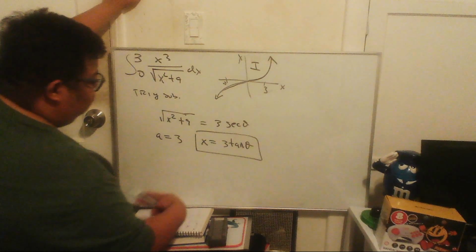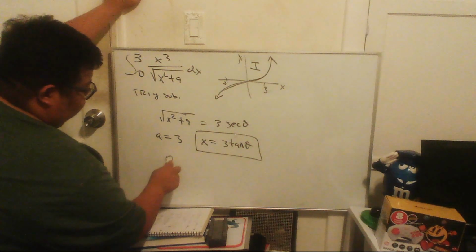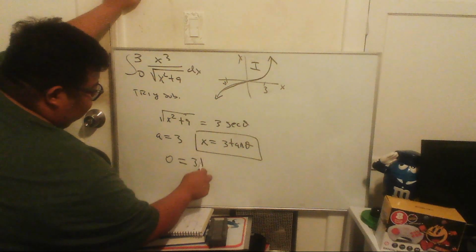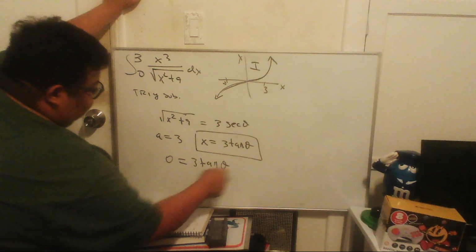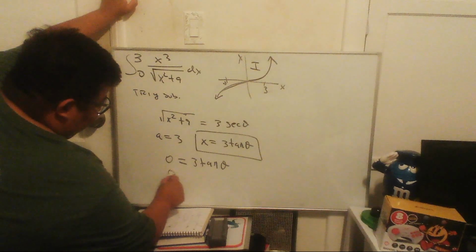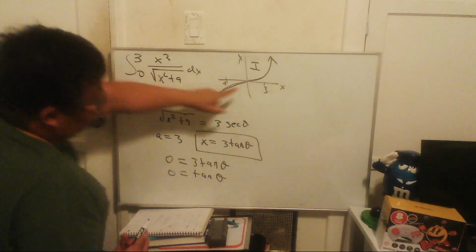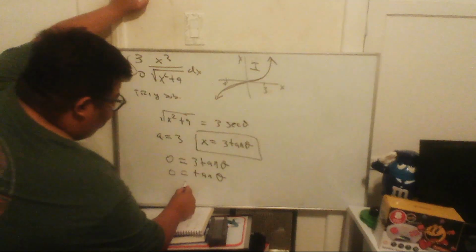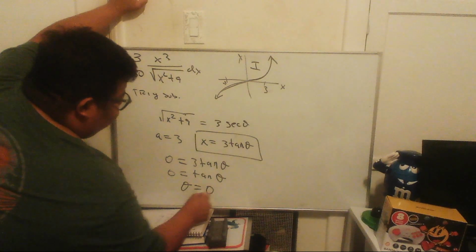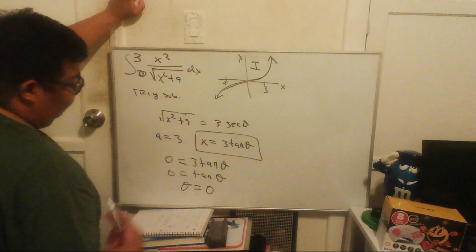The way you do it is as follows. For x, you let it equal 0, so 0 equals 3 tangent theta. 0 over 3 is 0, and when is tangent theta equal to 0? When theta equals 0. So this one will stay the same.